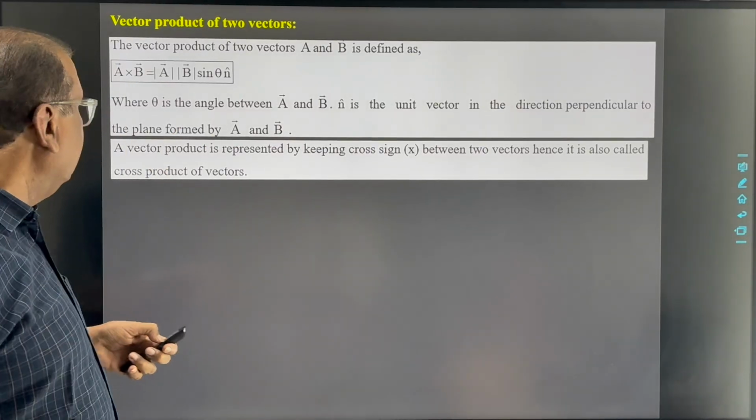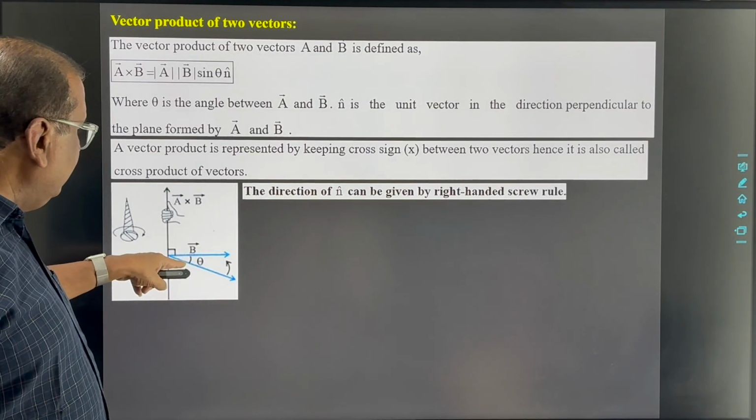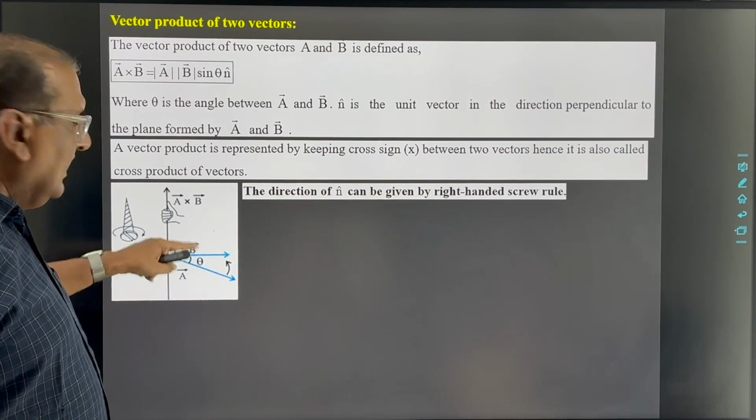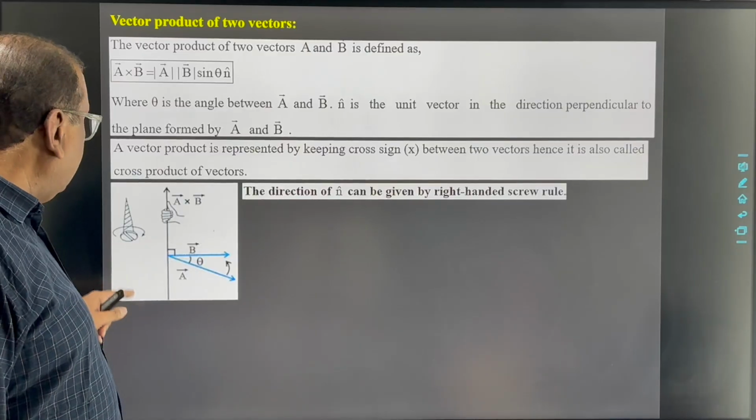So remember this thing. Now suppose we have vectors A and B as shown in the figure, and between A and B the angle is theta. Now what we have to do?